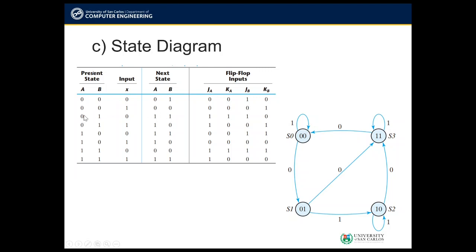Considering the next state, 0, 1, it goes two ways. It goes to 1, 1 if the input is 0, so here. And if the input is 1, it goes to 1, 0, which is here. And we can derive the rest using these two columns here.